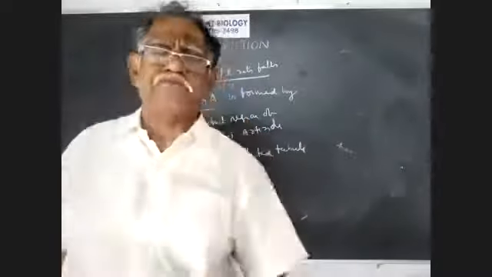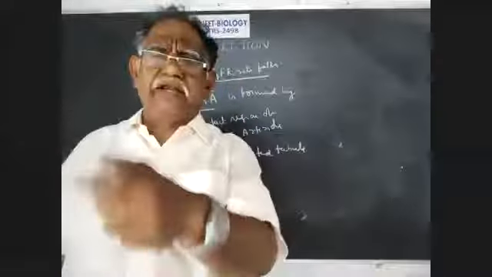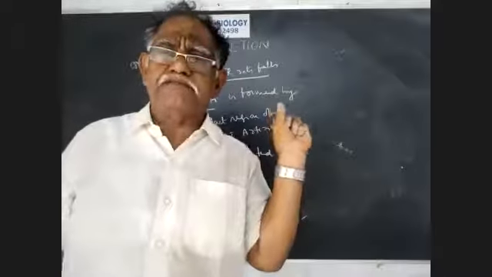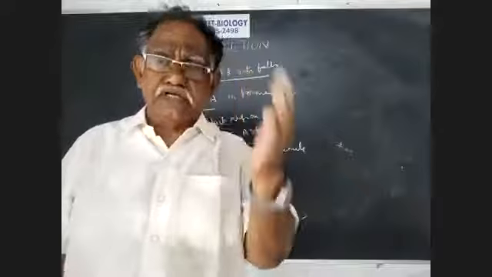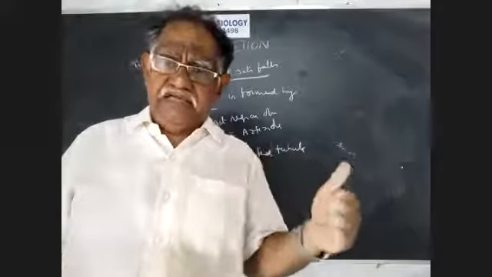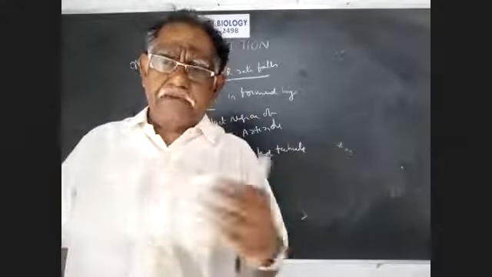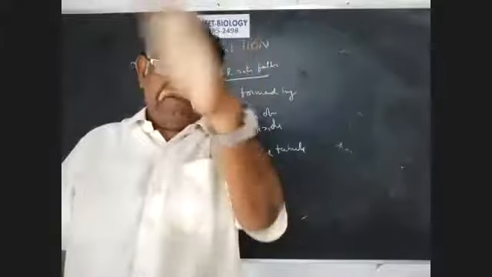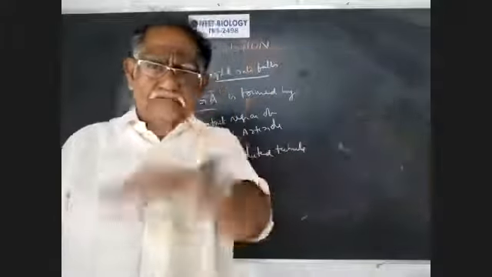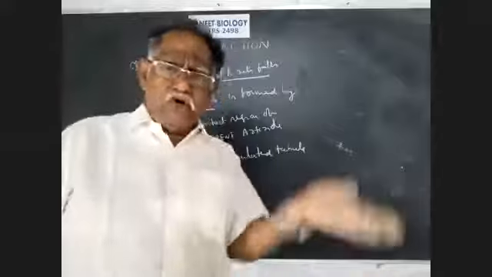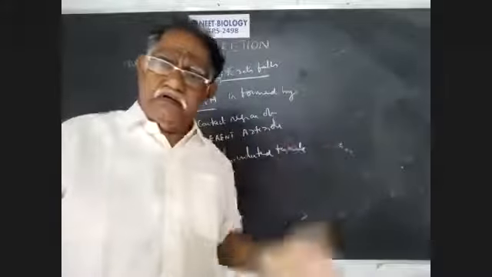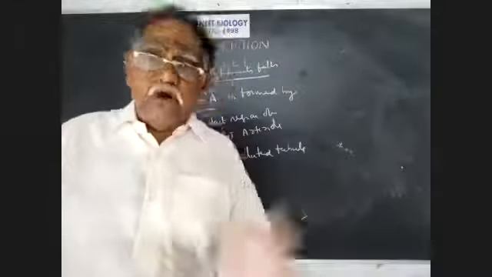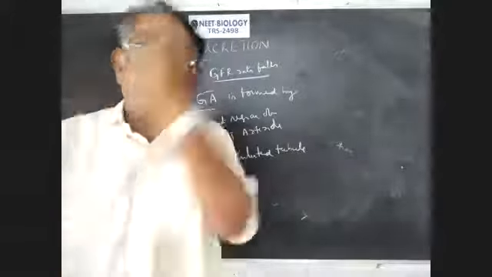Everybody should note down this point. Definitely in the coming NEET, this point will be asked as a multiple choice question. The question may be: JGA in kidneys is formed by efferent arteriole and proximal convoluted tubule, efferent arteriole and distal convoluted tubule, and so on. The correct option is efferent arteriole and distal convoluted tubule.